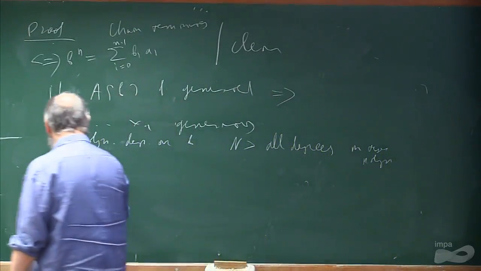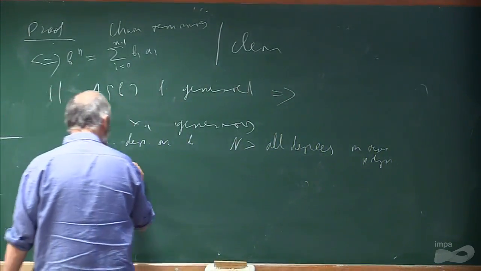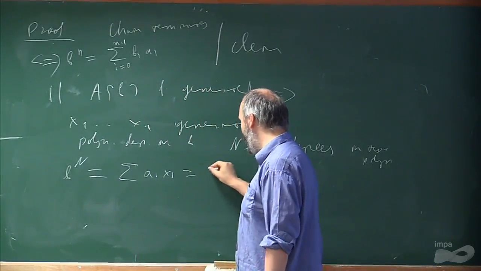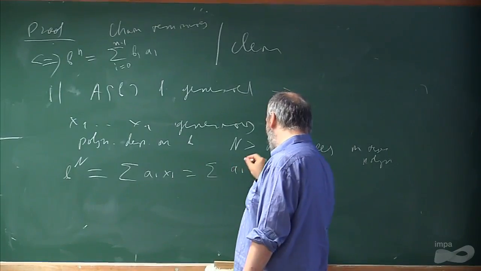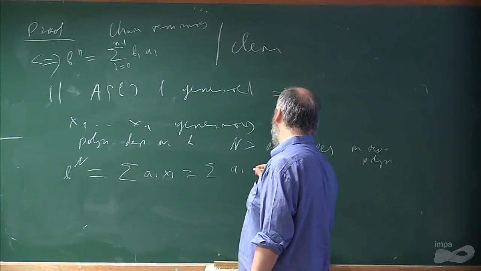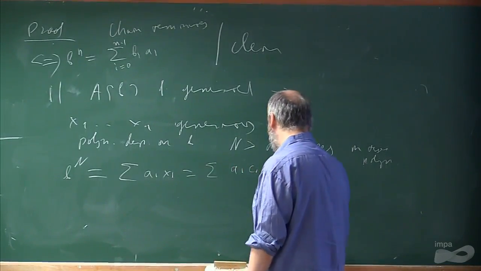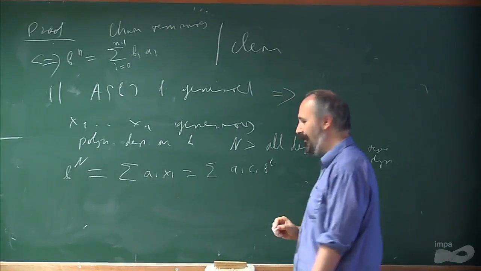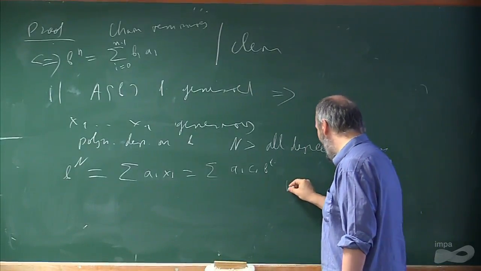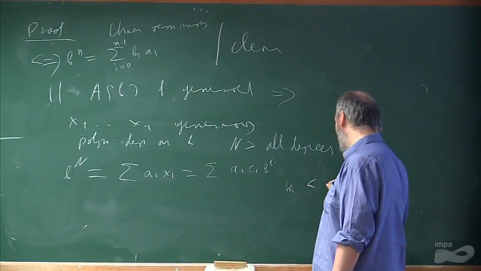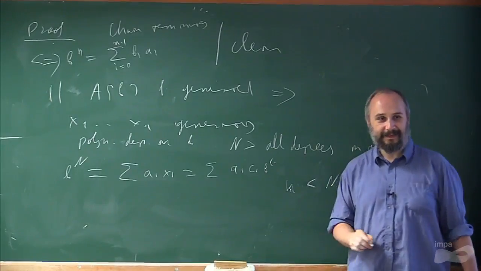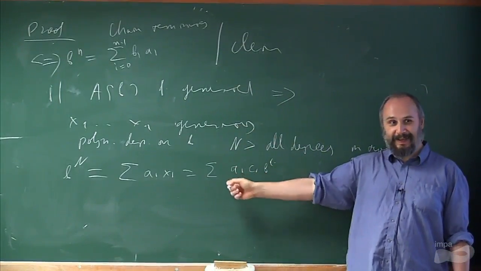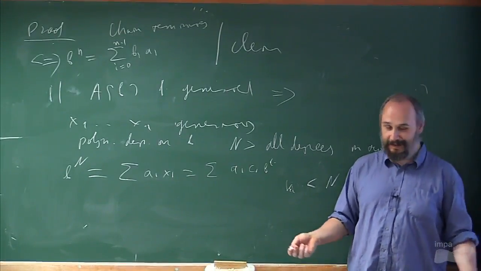You take b^n equal to some sum of a_i x_i, but this is the same as the sum of a_i c_i b^(k_i), where all k_i are less than n. So finite generatedness implies the monic dependence.